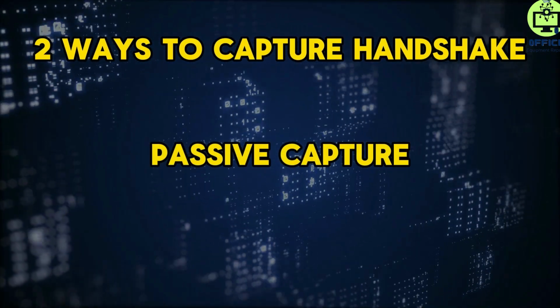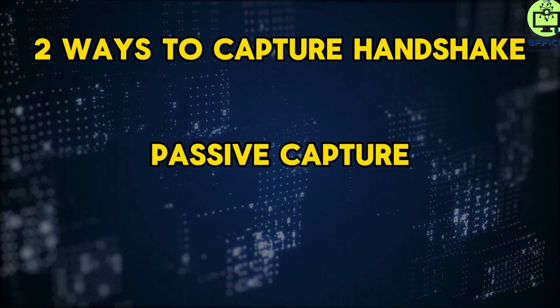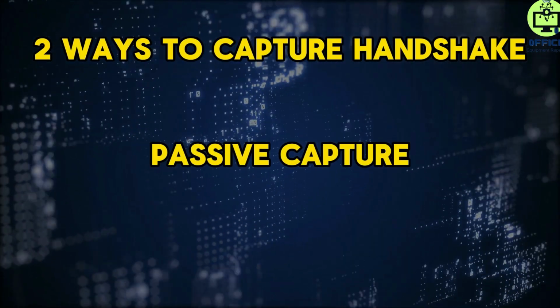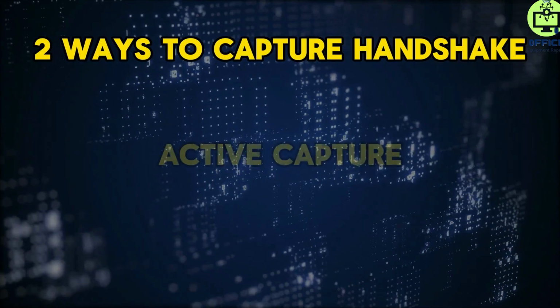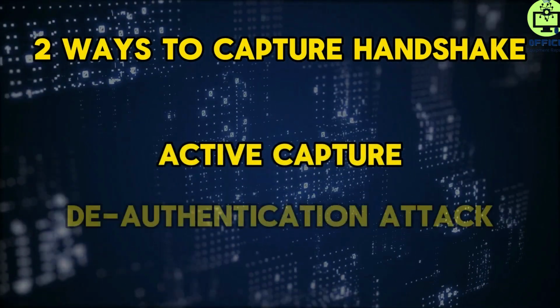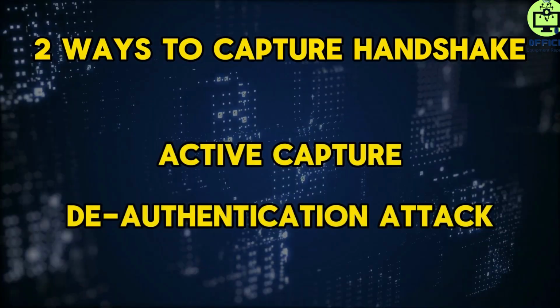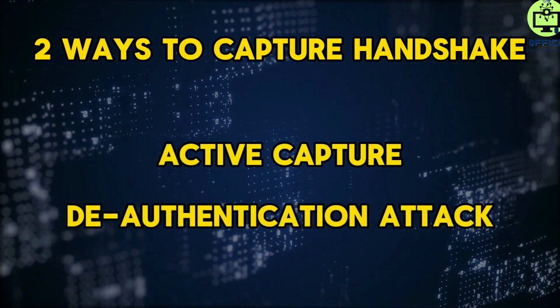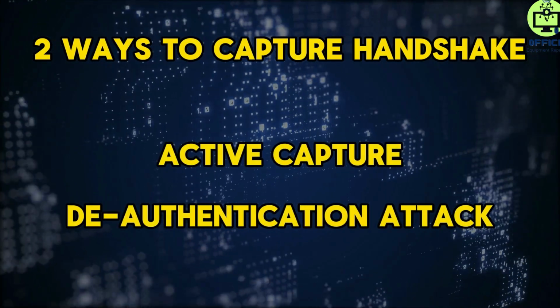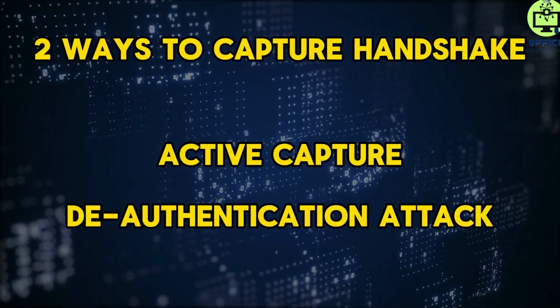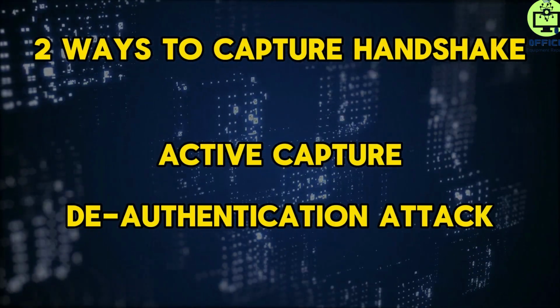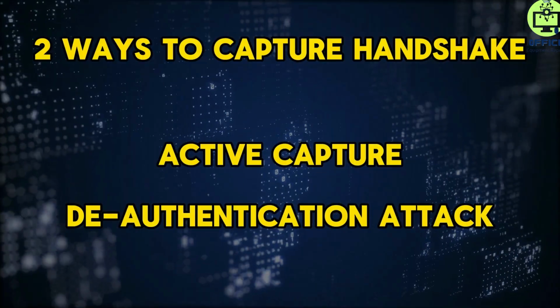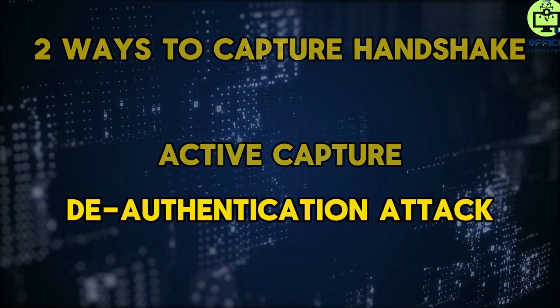When a device connects, the handshake packets will be transmitted, and airodump-ng will capture them. Active capture via deauthentication attack. Force a connected device to disconnect and reconnect, thereby triggering the handshake. This method is faster and more reliable. Let's explore this method in detail.